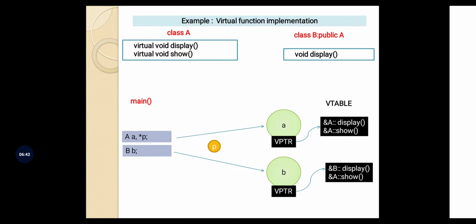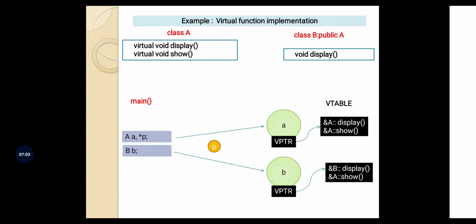So if you notice here, you have B display, which means that in the virtual table, we are storing the address of display of class B. And since there is no show method in class B, the show method of class A will be inherited from the base class.